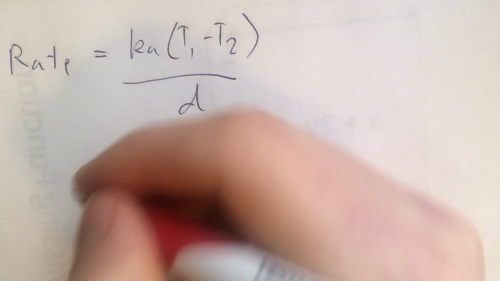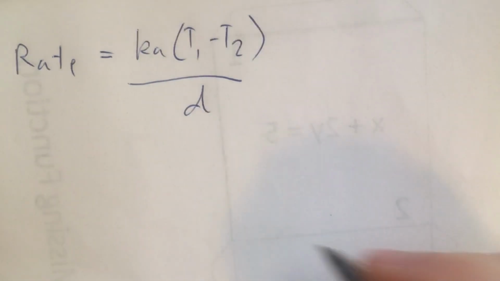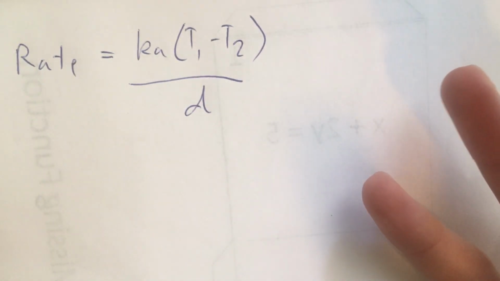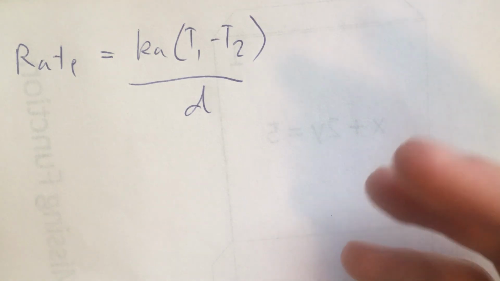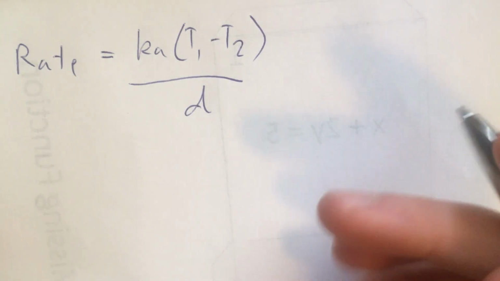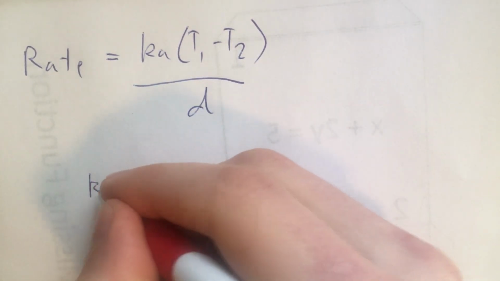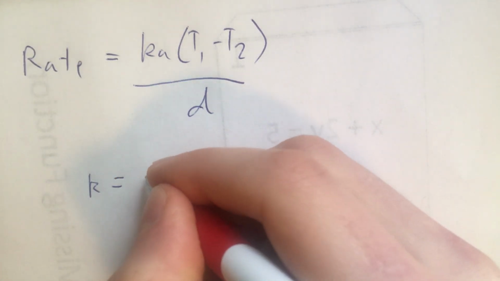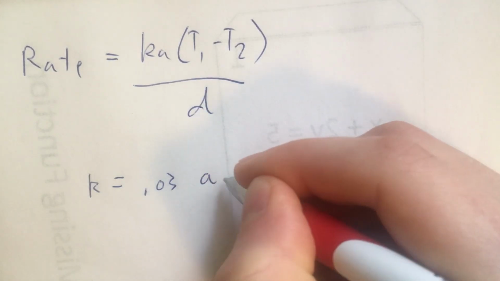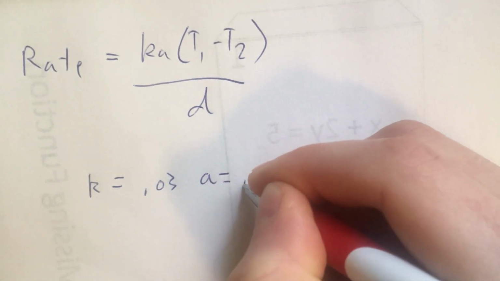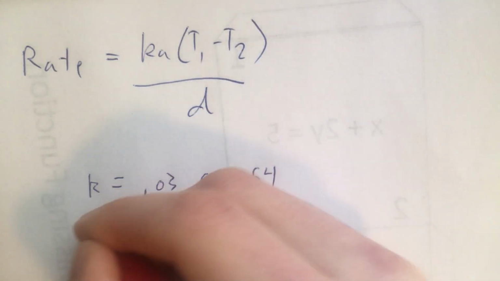Okay, so we're going to run through the same thing. As is the case with lots of physics problems, the biggest struggle is identifying the givens in your problems, which I'm giving you easy ones to start with. So we're going to have K, our thermal conductivity, is going to be 0.03. A, the total surface area, is going to be 0.54.